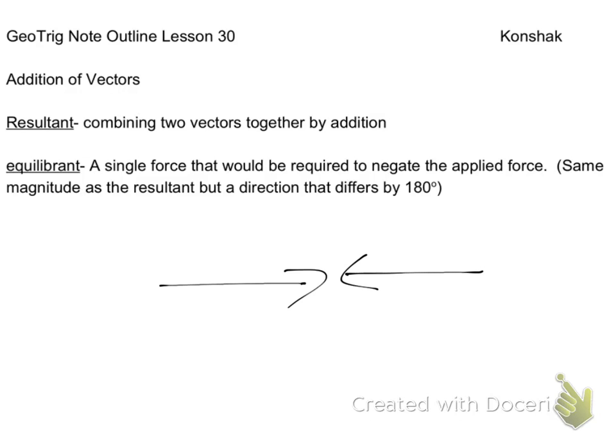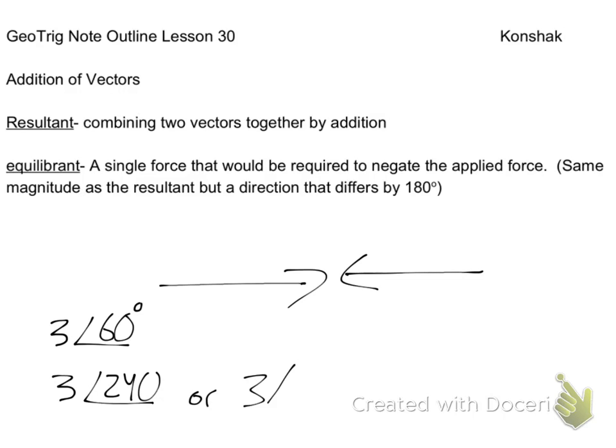So, what do I mean by that? So we may be going 3 at 60 degrees, right? An equal force to that, or an equilibriant force, would be 3 at where? What would differ by 180? 240. Wait a minute.